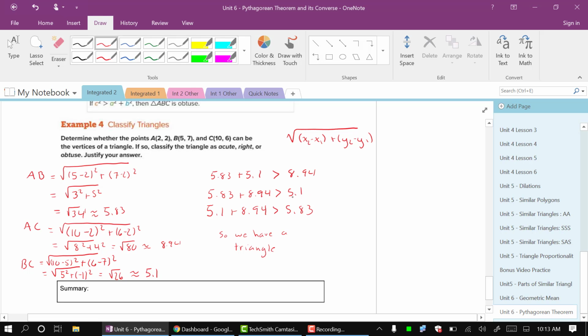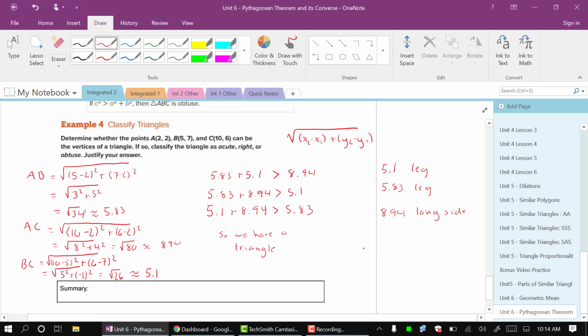And as we said, this is our leg. So 5.1 is a leg. 5.83 is a leg. And then 8.94 is our largest side. I don't want to say hypotenuse quite yet because we don't know if we have a right angle.